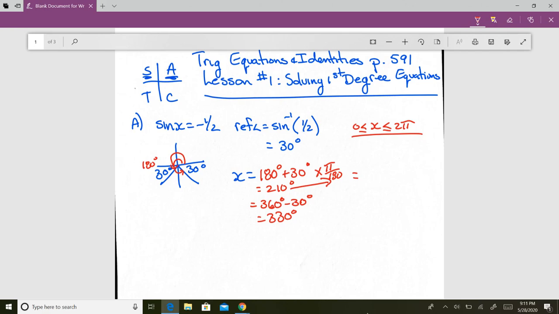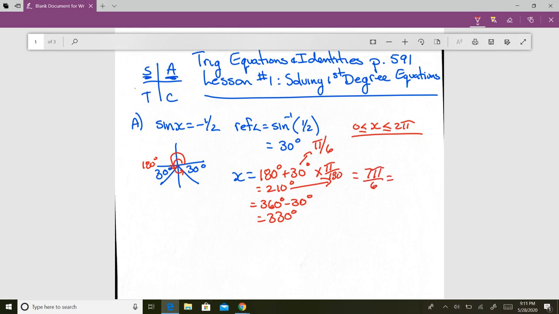Or you can remember that 210 is a multiple of 30, right? 7 times 3 is 21, so 7 times 30 is 210. So 7 times, what's 30 degrees in radians? Hopefully you remember. Pi over 6. So it is 7 pi over 6.